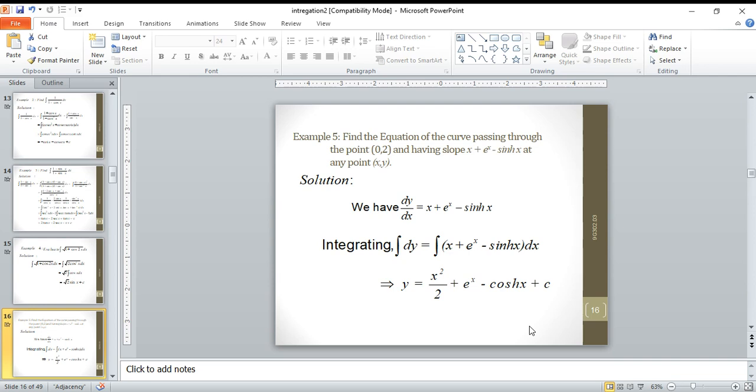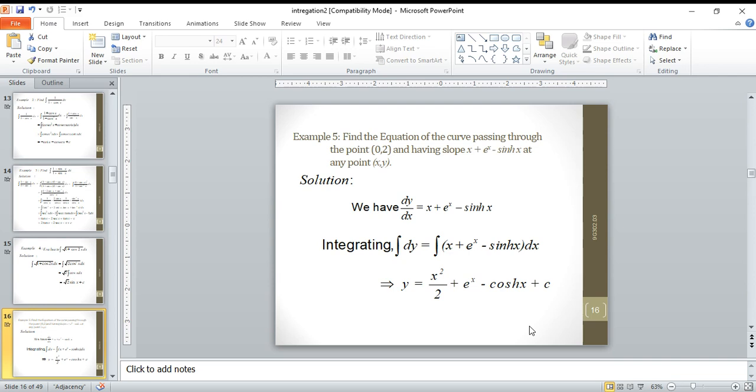We have to find the equation of the curve. Given dy by dx equals x plus e power x minus sinh x, find y. That is, find the equation of the curve; y equals ax square plus bx plus c is the form of the curve.